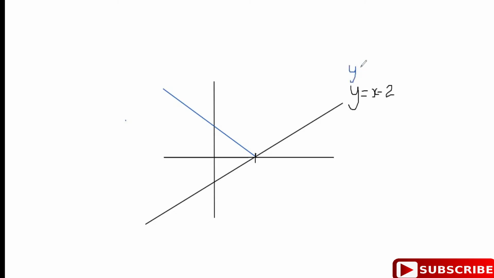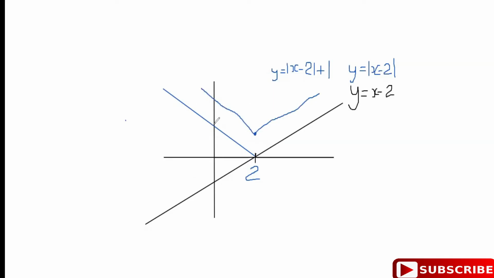Sir, but I said the answer is C, right? Yes, it's C. So this is the critical point at 2. But it asks for y equal to the modulus of x minus 2 plus 1. So this is where you have to move the graph in the positive y direction by 1. Yeah, plus 1, so move it up by 1.